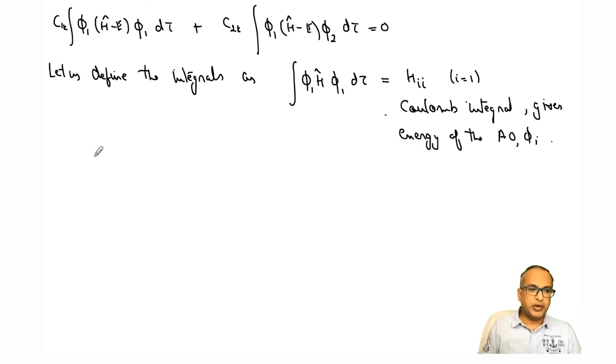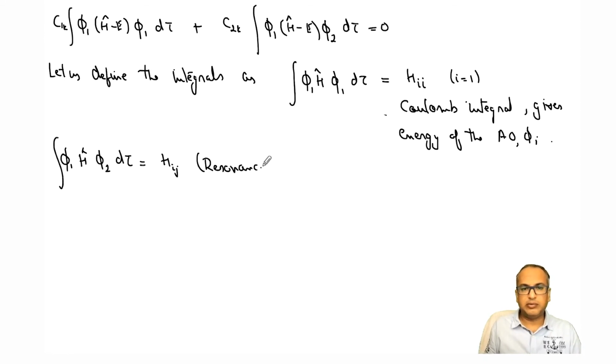All right. Now the second one, which will come from here, phi 1 H phi 2 integration d tau. This can be called Hij, and this is called the resonance integral. In this case, I is equal to 1 and J is equal to 2, right?